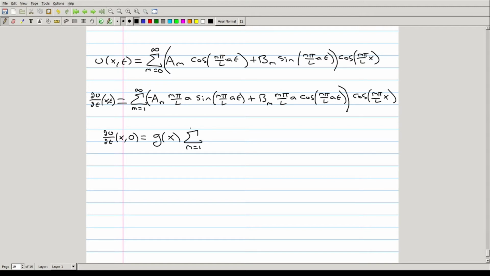m equals 1 to infinity of Bm times m pi over L a times 1 times cosine of m pi over L x.